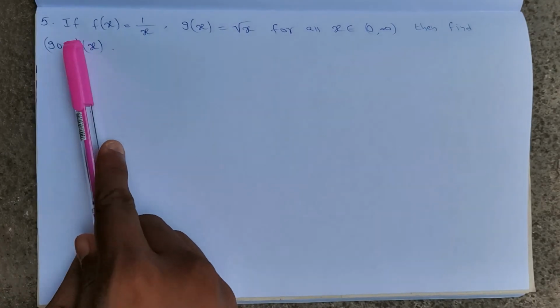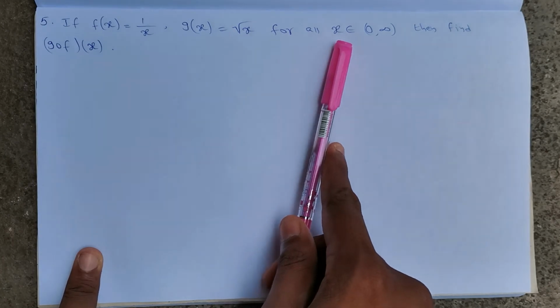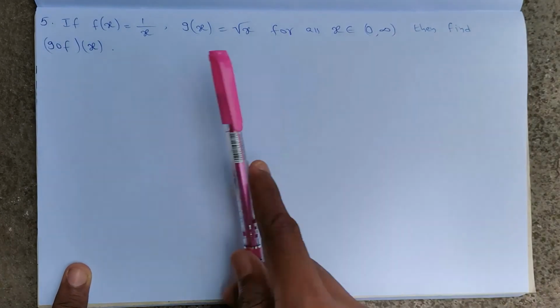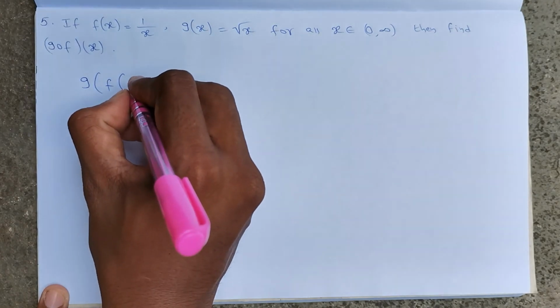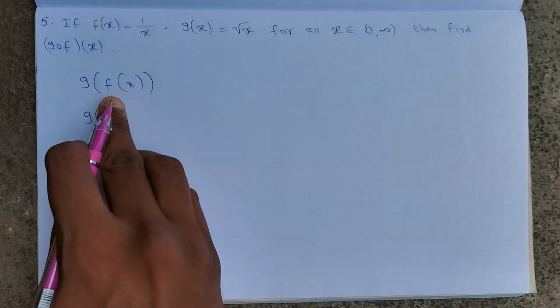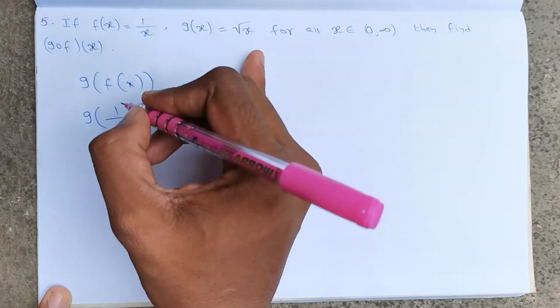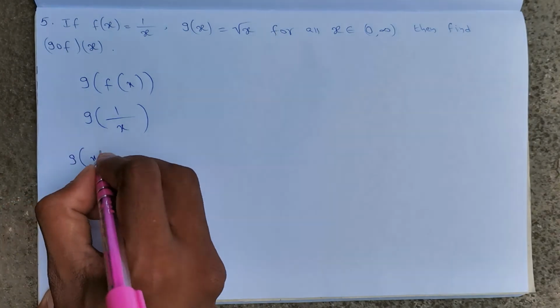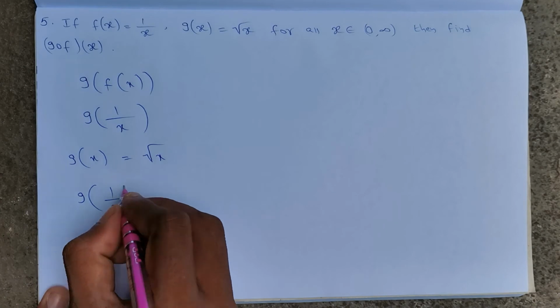Okay, the next question is, if f of x is equals to 1 by x, g of x is equals to root x, for all x belongs to 0 to infinity, then find g of f of x. So g of f of x is nothing but g of 1 by x. So here g of x is equals to root x, then we want the value of g of 1 by x.